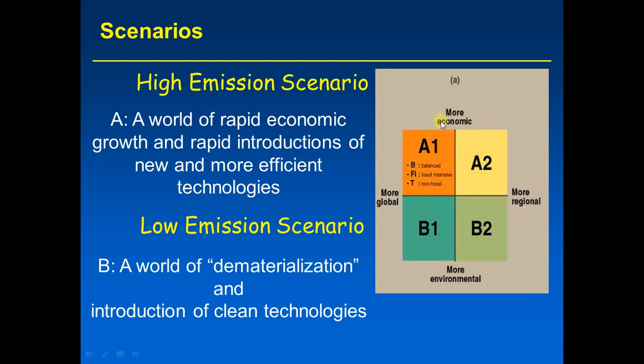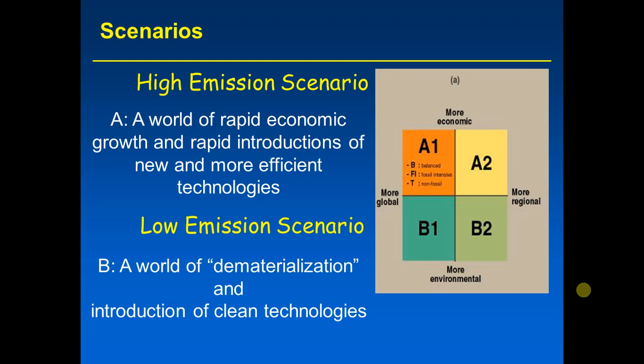Okay, and then you'll see here A1 has 3 basically categories or sub-scenarios. B, balanced. FI, fossil intensive. T, non-fossil, technology based. And again, we'll be looking at these 4 storyline scenarios in detail.